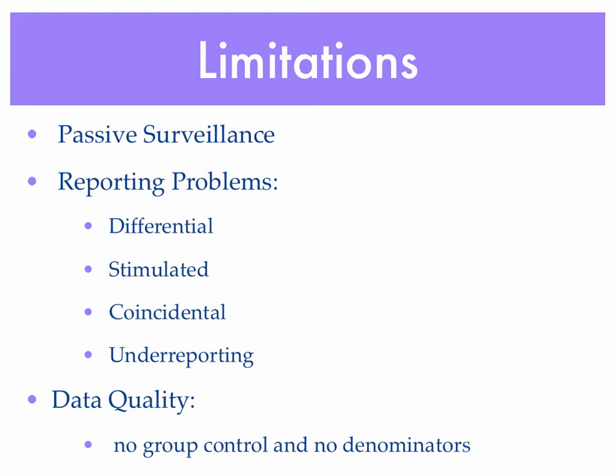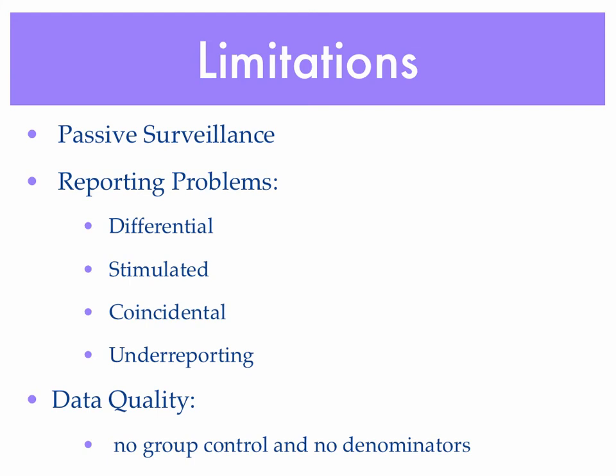Coincidental reporting, there could be an illness after a vaccine, but it really has nothing to do with the vaccine. It's just coincidental. And then, of course, underreporting, that's a very common thing that you might see in a passive surveillance system. And then lastly, a real limitation is the data quality.